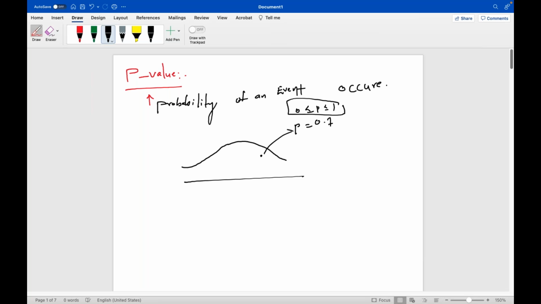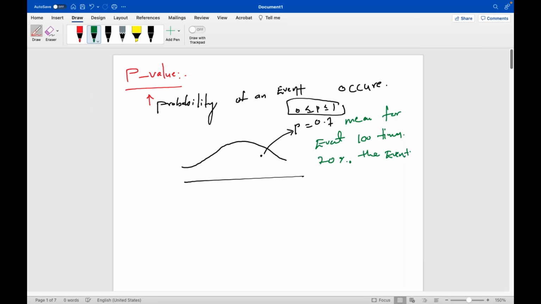Let me consider I have data and I calculate the probability of a particular value, and here the probability is, for example, 0.7. What is the meaning of it? It means that if the event is repeated 100 times, then 70% of the time the event occurred.